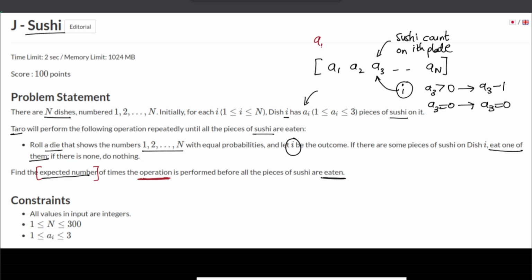That means a_i becomes 0 for all i from 1 to n. This is the terminating case. The constraint for this problem is n is up to 300, and the number of sushi on any plate i is 1, 2, or 3.